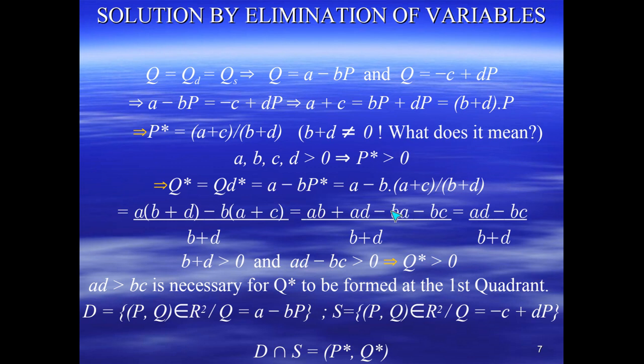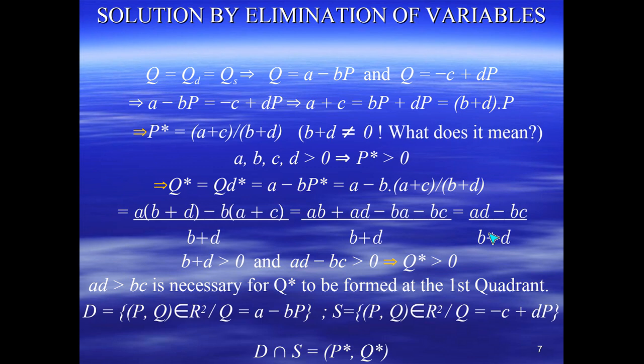AB and BA are the same, so minus BA. AB and minus BA, they cancel each other. We are left with AD minus BC at the numerator, and at the denominator, we have B plus D. So the equilibrium quantity is AD minus BC over B plus D.